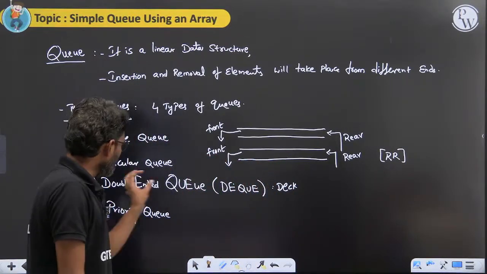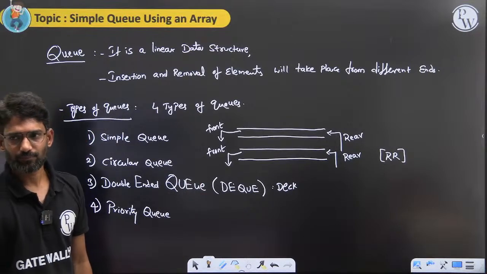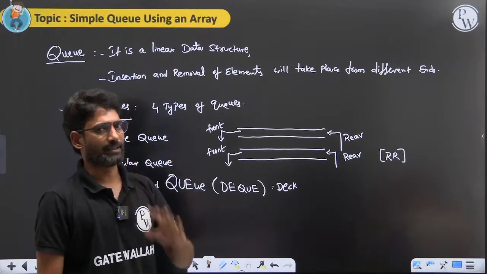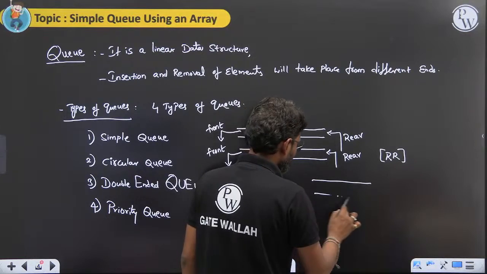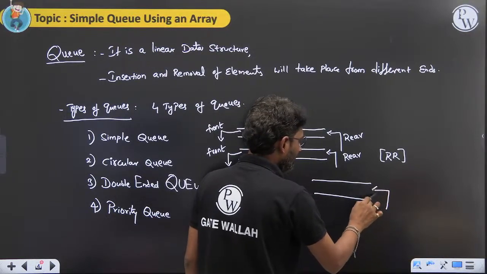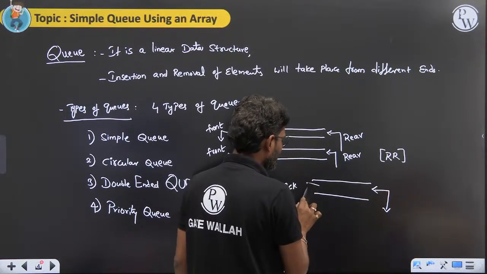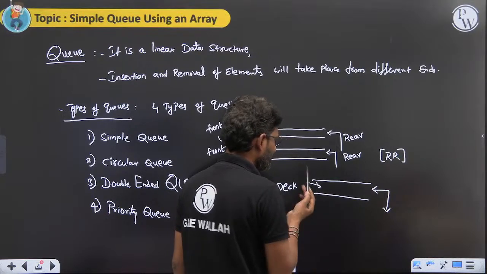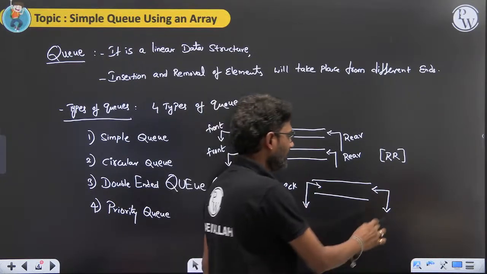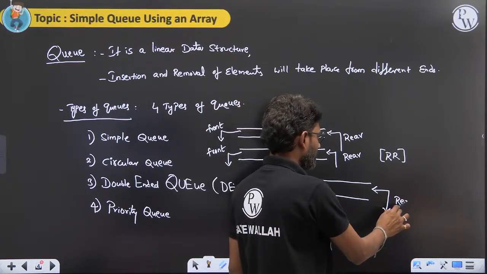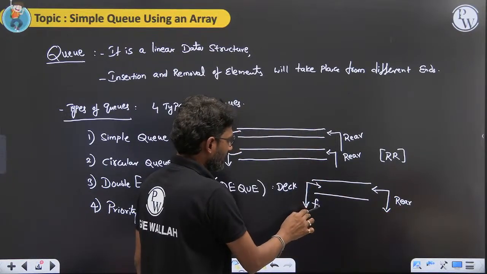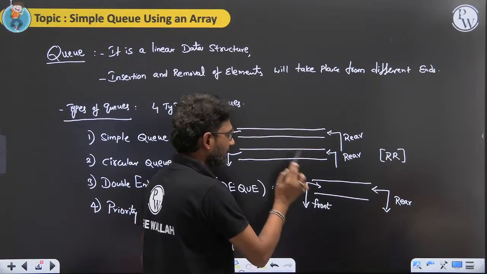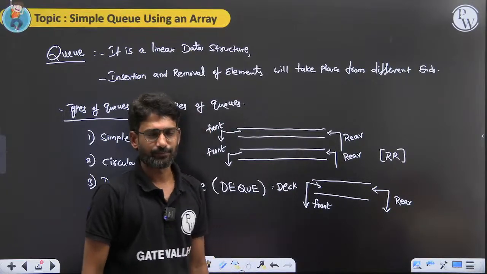Okay, then what is this deck? Deck is little different. In deck, insertion and removal can take place from both the ends. We will be able to insert from rear end and delete from rear end. Similarly, insert from front end, delete from front end.